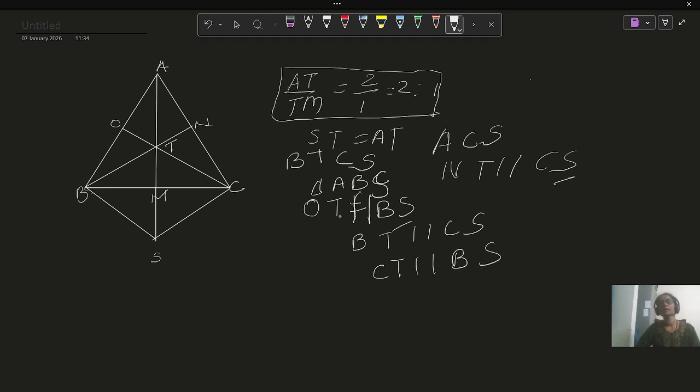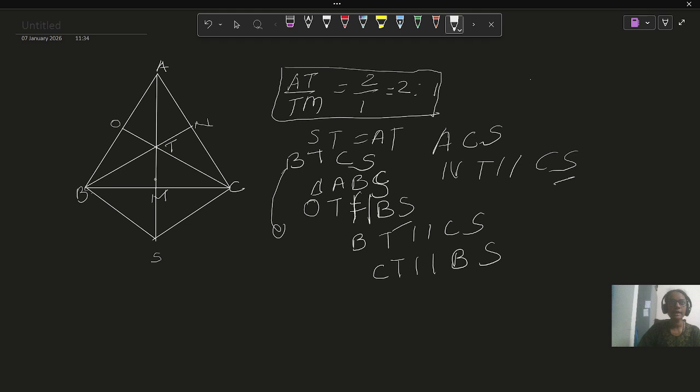And by this we have proved that opposite sides are parallel. If the opposite sides of a quadrilateral are parallel, then it is a parallelogram. So we have proved that BTCS is a parallelogram, and all the properties of the parallelogram can be used.